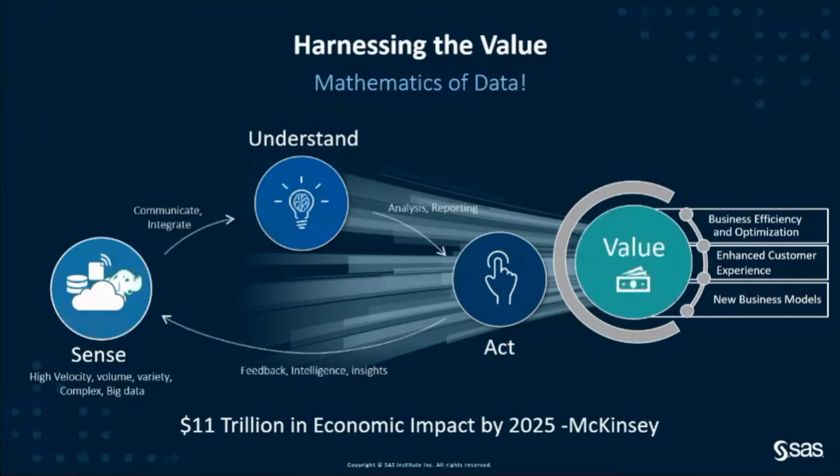The way we have been doing business has changed, and the way we understand and use data has also changed, bringing a lot of benefits to industries and to humankind. The economic impact is around $11 trillion, and it is increasing many folds every year.